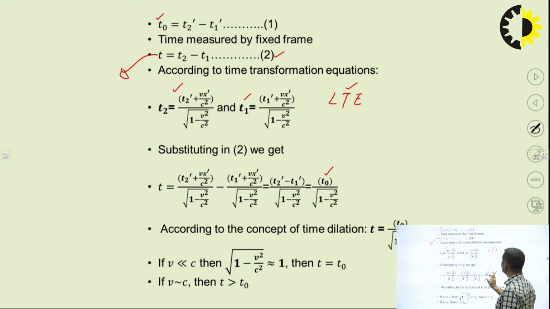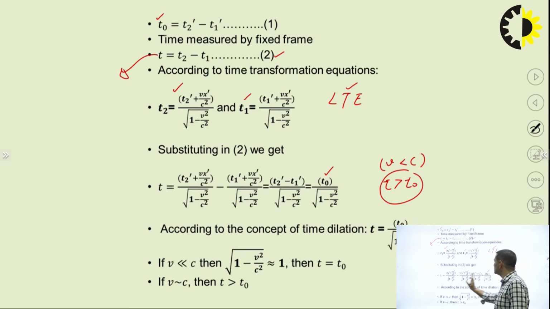We know that V is always less than C, and with this condition you will find that T is greater than T naught. It means the observed time will be greater than the actual time, according to this mathematical relation between T and T naught.